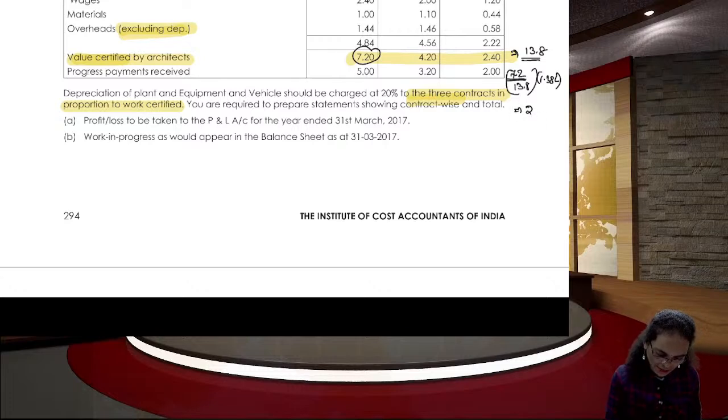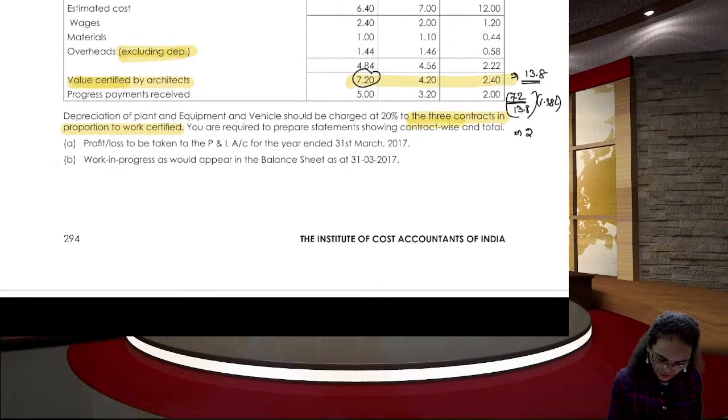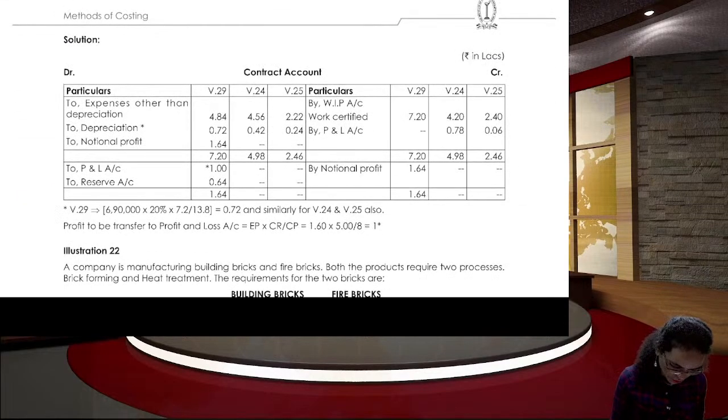Since it is in lakhs, it is 0.72. So this is the expenditure excluding depreciation, and the depreciation amount is this one. So this is the total expenditure we have incurred.